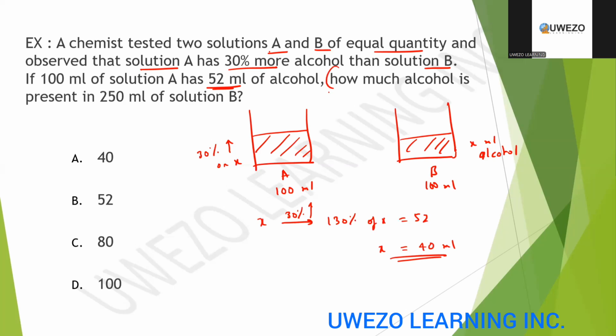Now the actual question is asking for the amount of alcohol present in 250 ml of solution B. We know for 100 ml, the amount of alcohol is 40. So for 250 ml, if you cross multiply, you get the answer as 100.